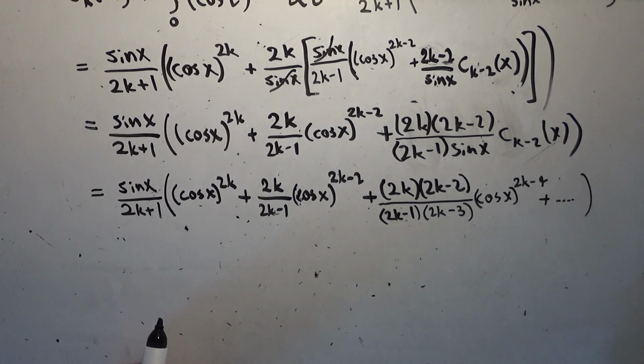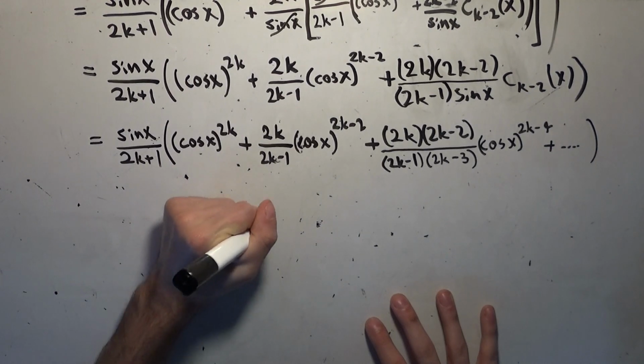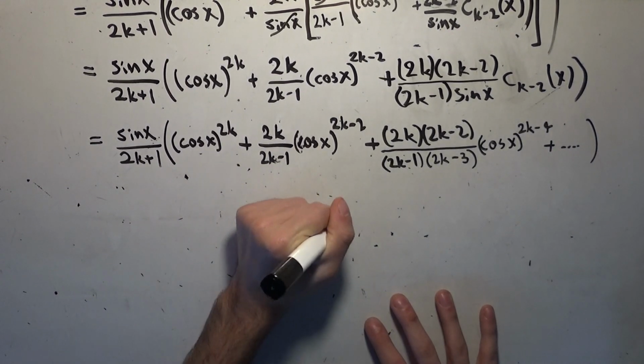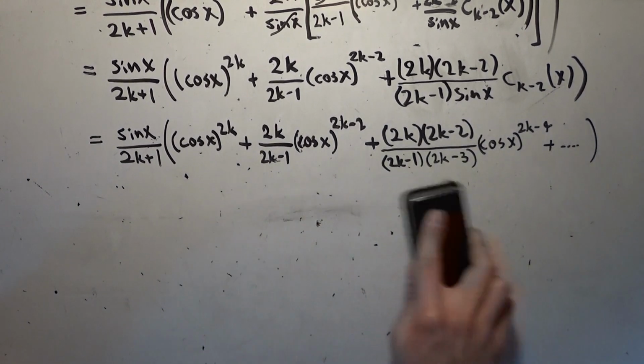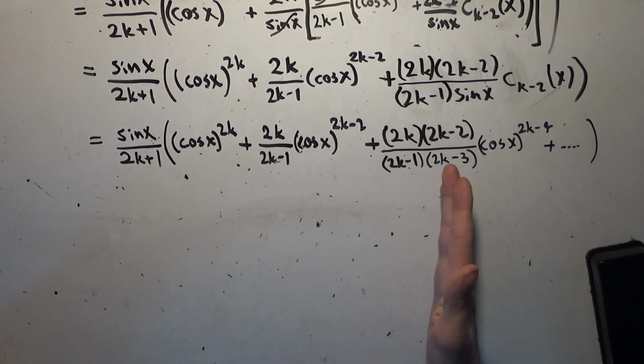And that means that at the cosine to the 0 term, the entire numerator is going to be a product of all even numbers from 2k down to 2. And that's something that we call double factorial. Double factorial, x factorial factorial, is not x factorial and then factorial that number. Double factorial is a skipping mechanism.